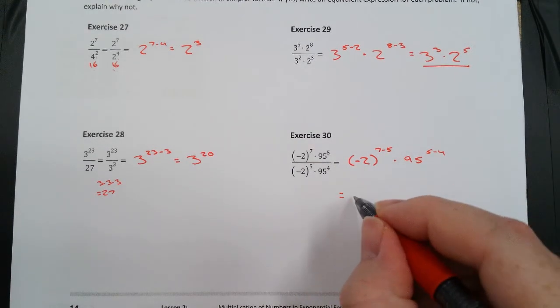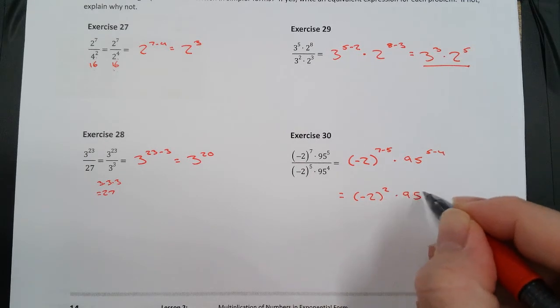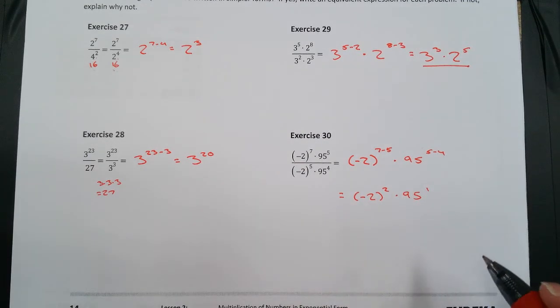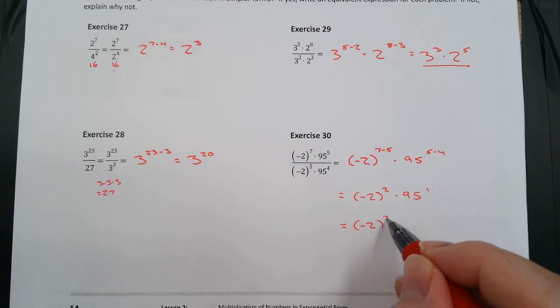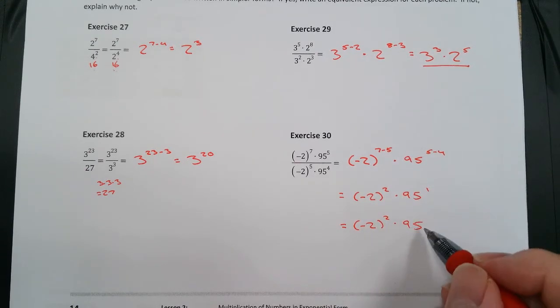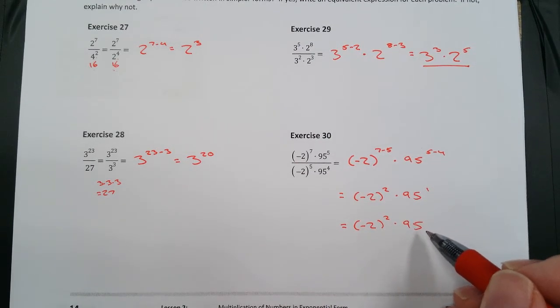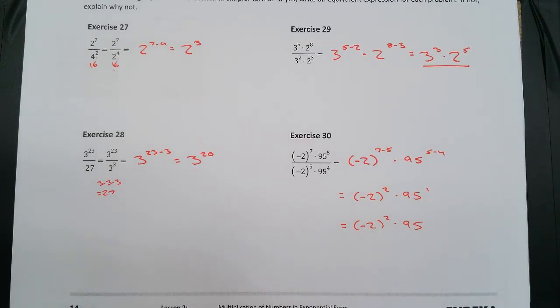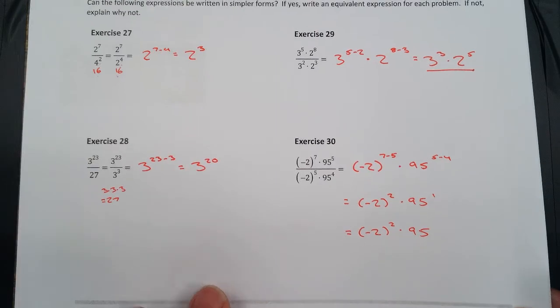So this turns into negative 2 squared times 95 to the first, which is negative 2 squared times 95, because 95 and 95 to the first are the same thing, but this looks simpler, uses less ink. People like it better like that. So those are exercises 27, 28, 29, and 30.